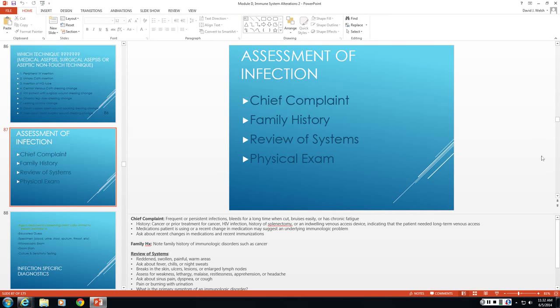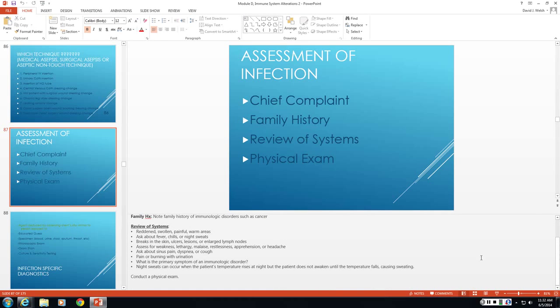You're going to do a review of systems. You want to ask them about any kind of reddened, swollen, painful, warm areas. You're going to ask about fever or chills, night sweats, breaks in the skin, ulcers, lesions, enlarged lymph nodes. You're going to assess for any kind of weakness, lethargy, malaise, apprehension, headaches.